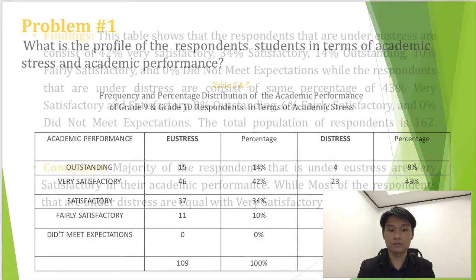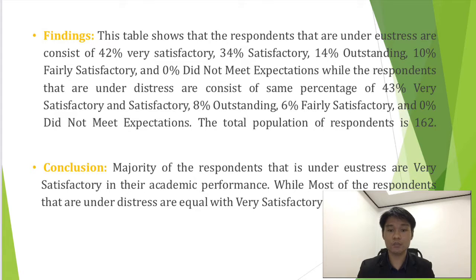For the findings, this table shows that the respondents under eustress consist of 42% very satisfactory, 34% satisfactory, 14% outstanding, 10% fairly satisfactory, and 0% did not meet expectations, while the respondents under distress consist of the same percentage of 43% satisfactory and very satisfactory, 8% outstanding, 6% fairly satisfactory, and 0% did not meet expectations. The total population of respondents is 162.